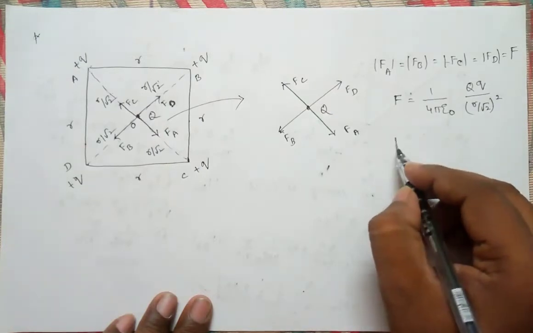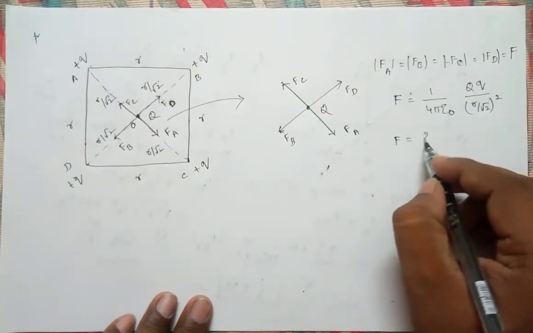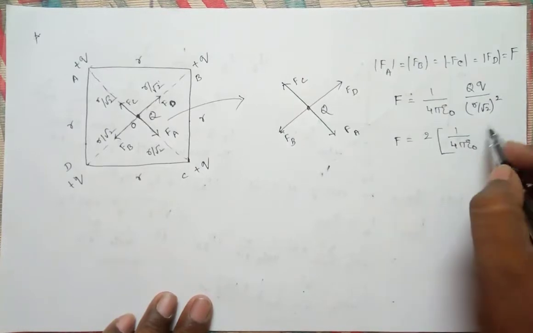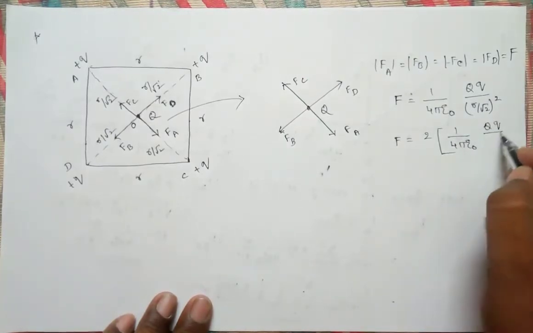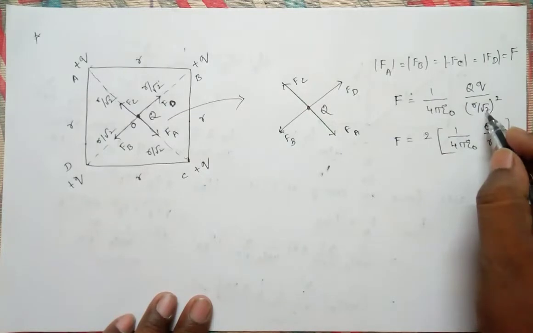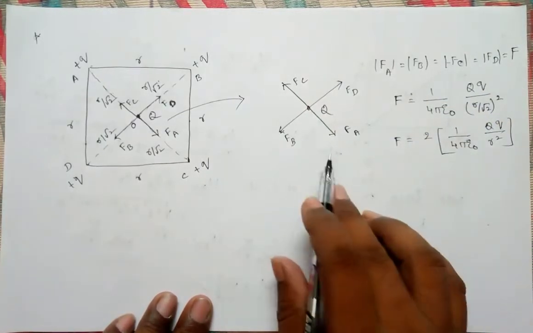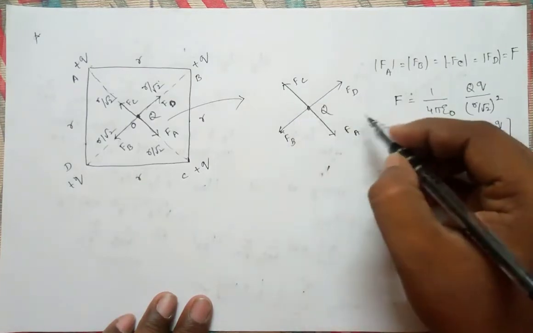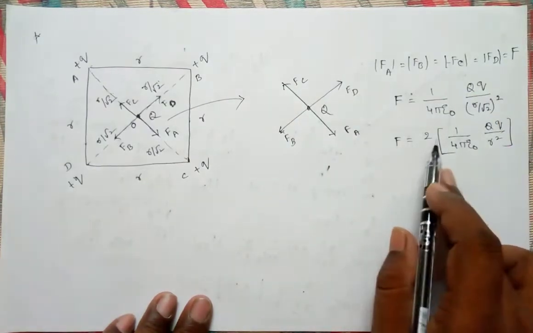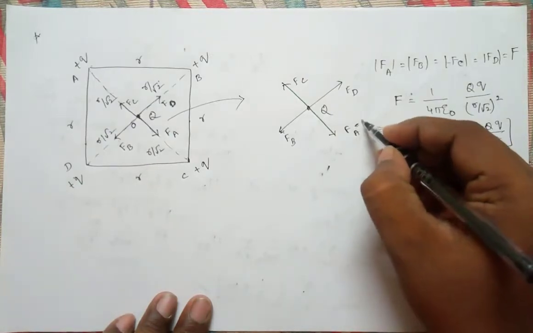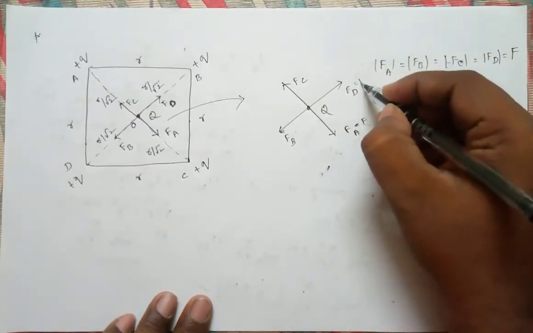Then F is equal to 2 into 1 upon 4 pi epsilon naught capital Q small q by r square. The root 2 squared is 2, which comes to the numerator. Now observe all these forces are equal: that force is nothing but 2 into 1 by 4 pi epsilon naught capital Q small q by r square. These forces are all equal.